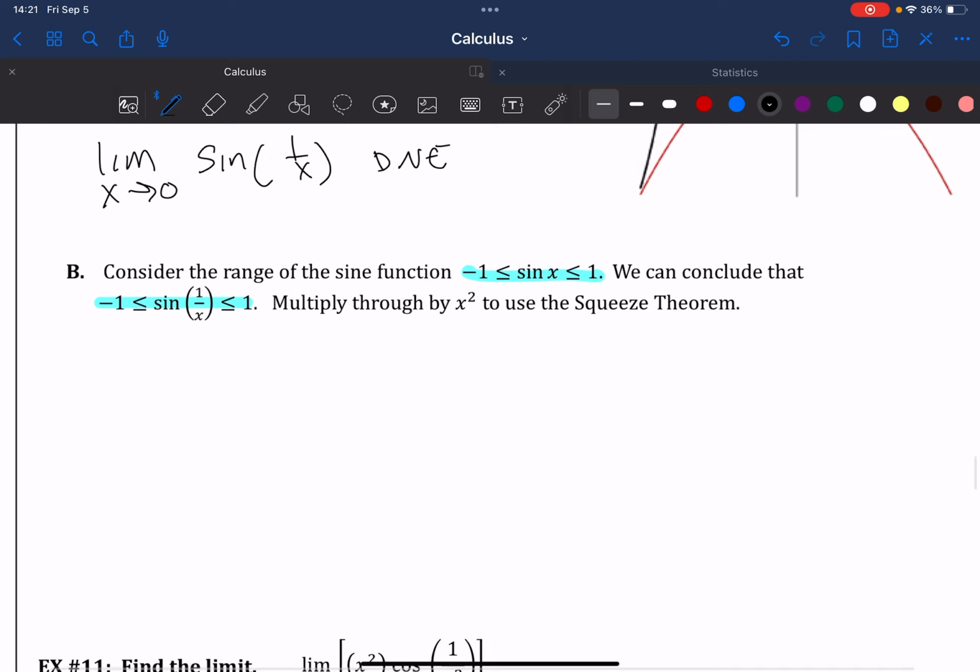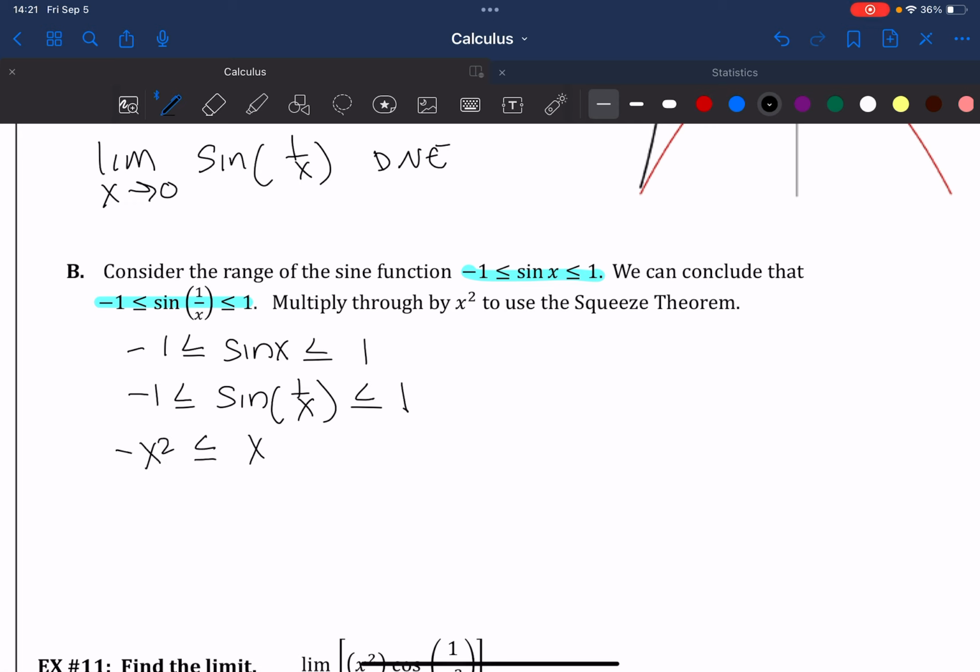So this is saying -1 less than or equal to sine x less than or equal to 1 is the same as saying -1 less than or equal to sine of 1 over x less than or equal to 1. If I multiply each part by x squared, I get negative x squared less than or equal to x squared sine 1 over x less than or equal to x squared.